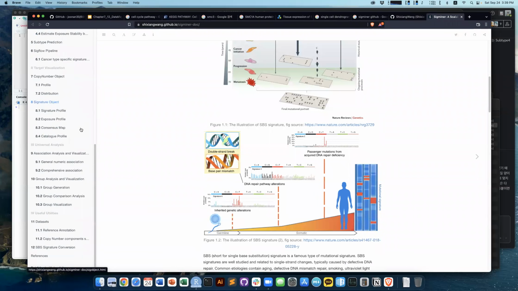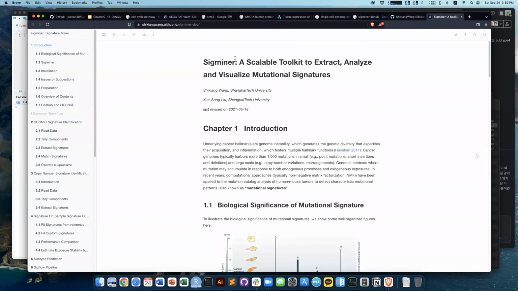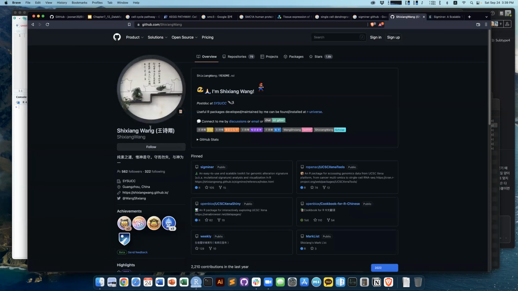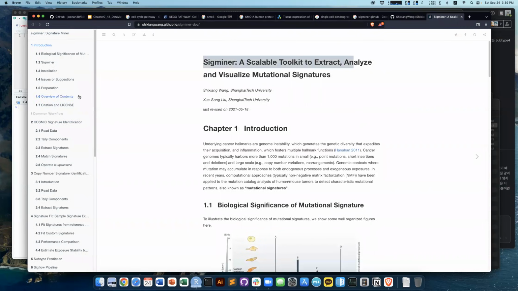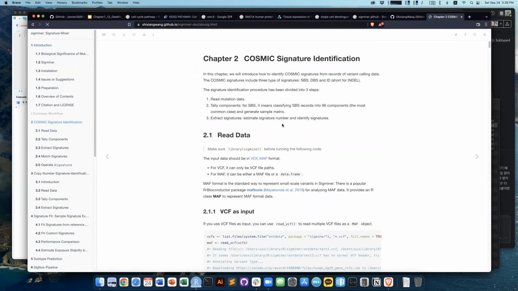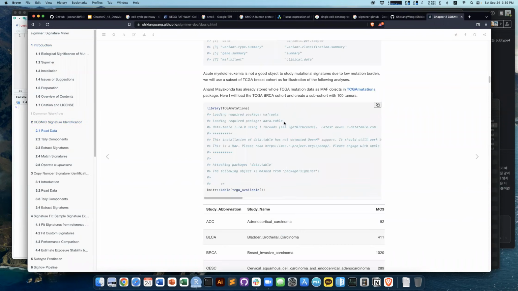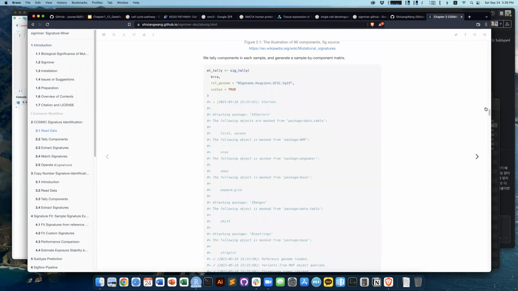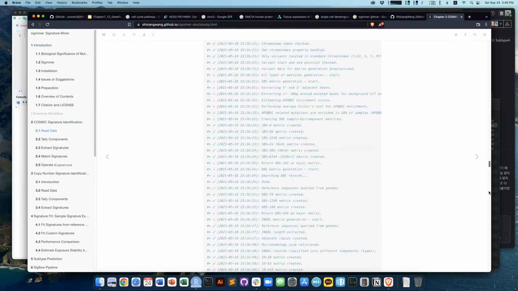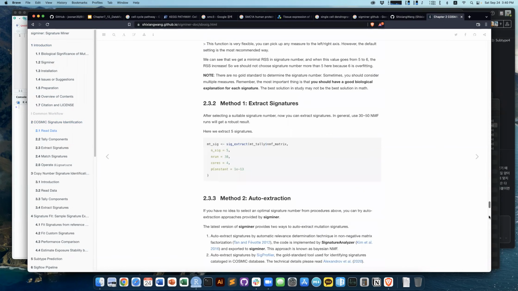So this is the package developed by, what's his name, Shixiang Wang, and he proposed how you use the data set and how you draw the plots from the data set as well, right? So this is how you process that, right?